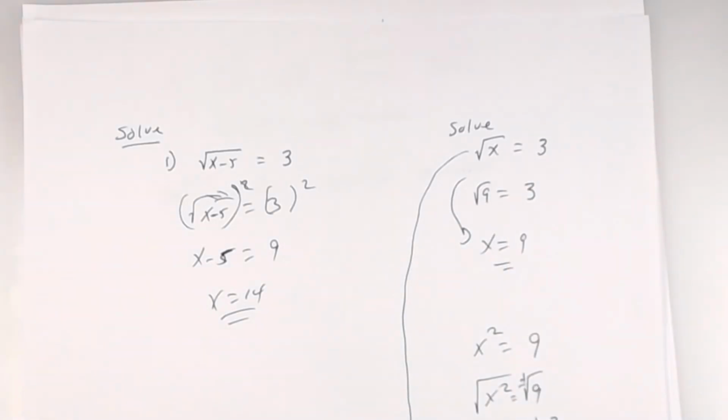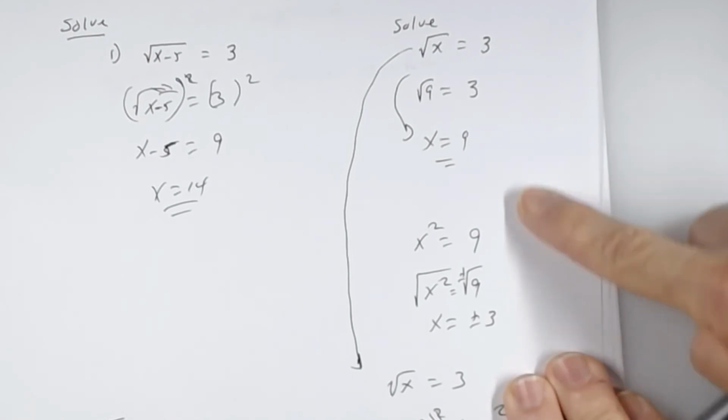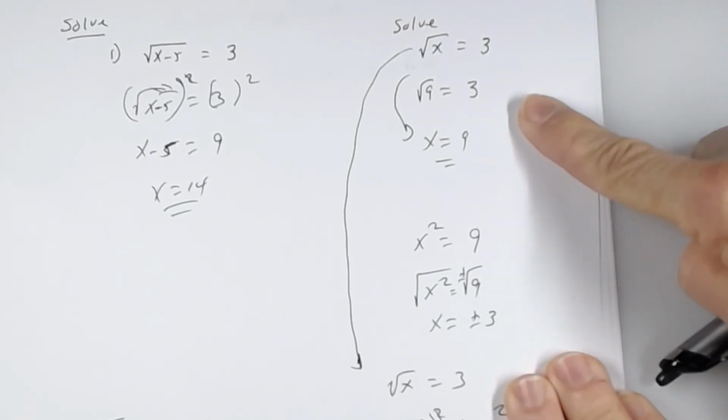So that's why when you raise both sides to an even power, you don't deal with the plus or minus. It's only when you take the square root. Yeah, that's a good question. So notice that when I take the square root of both sides, that's where you get the plus or minus. When I square both sides, you don't do that.